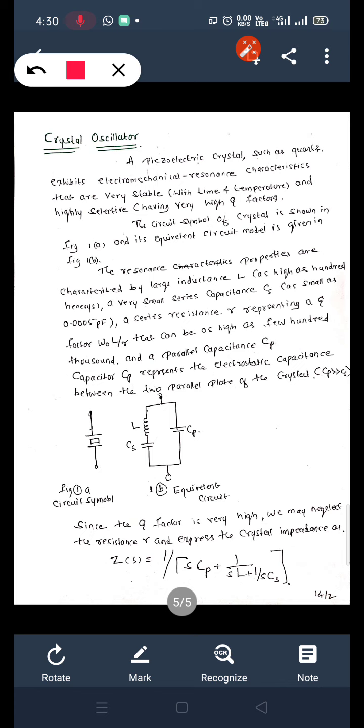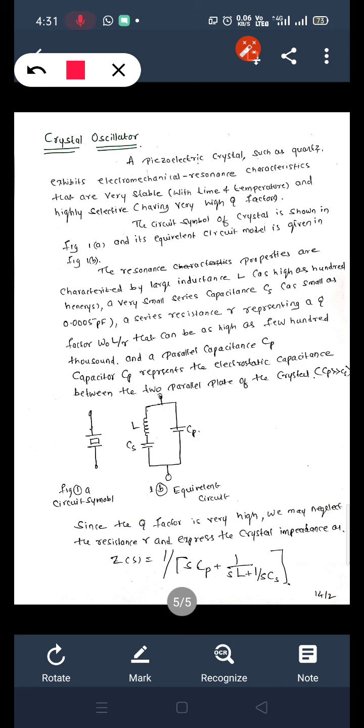The resonance properties are characterized by a large inductance L, as high as 100 henries, and a very small series capacitance, termed CS, as small as 0.0005 picofarad.